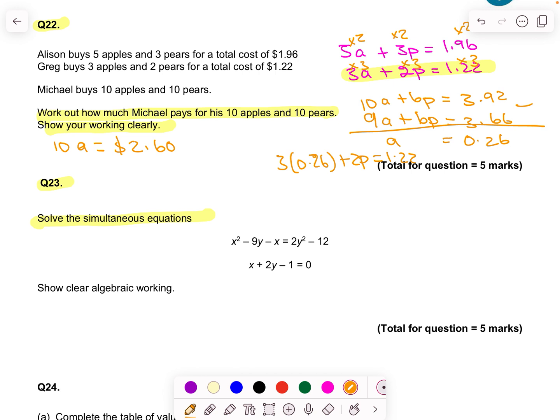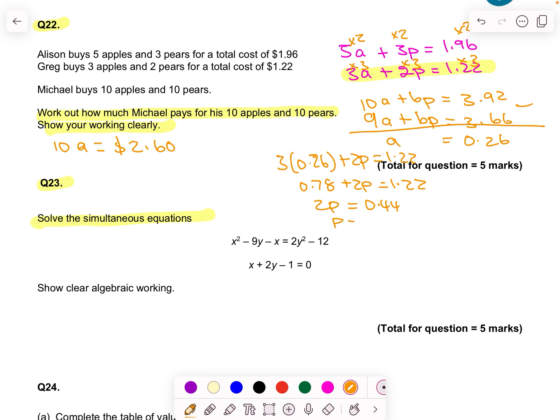So 3 times 0.26 is 0.78. Take away 0.78 from both sides. I get 2p equals 0.44.